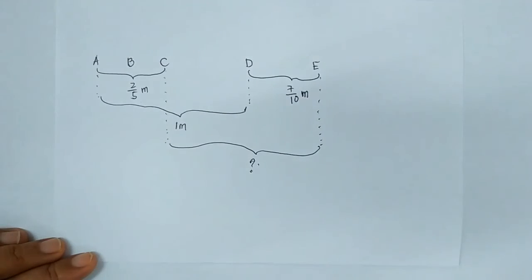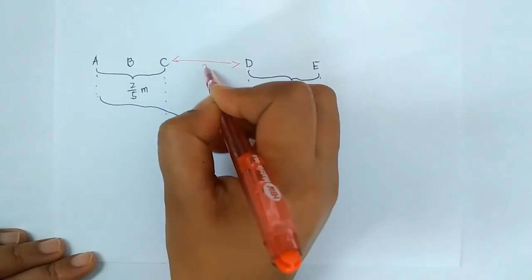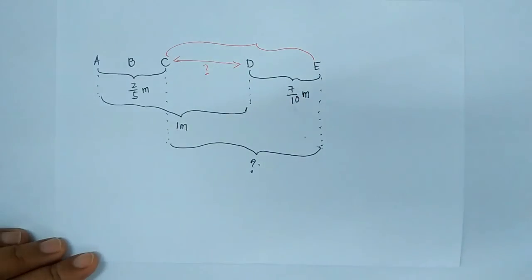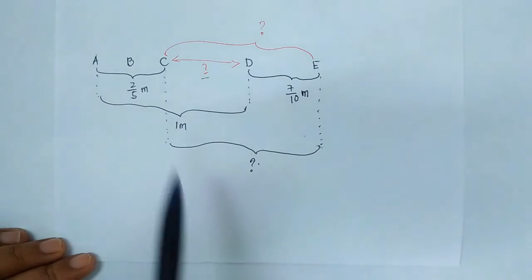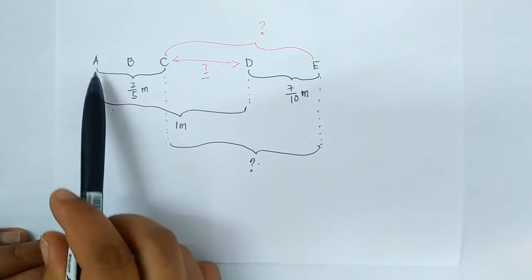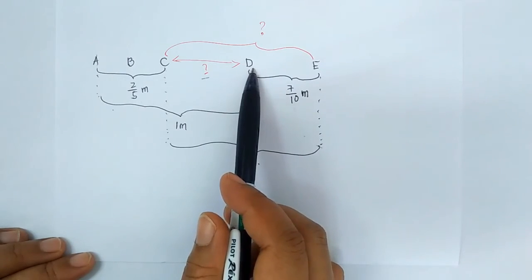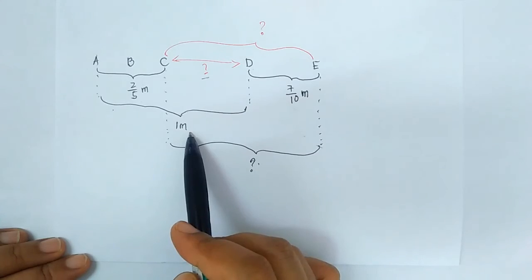So we need to find first this distance so that we can find C until E. Am I right? Yes. So how are we going to find this first? It says here 1 meter from A to D. It means 2/5 plus blank is 1 meter, right?